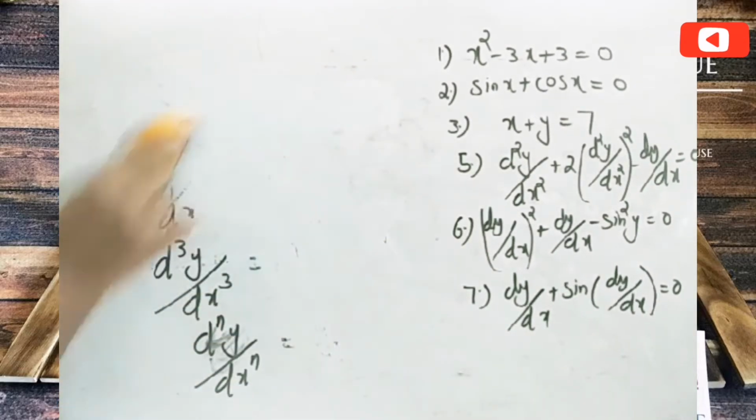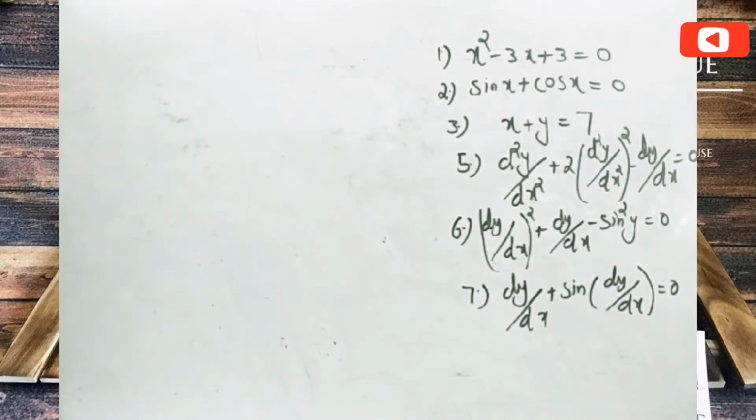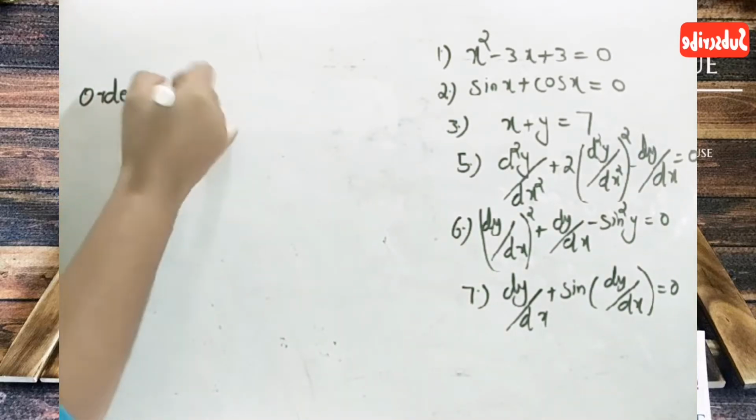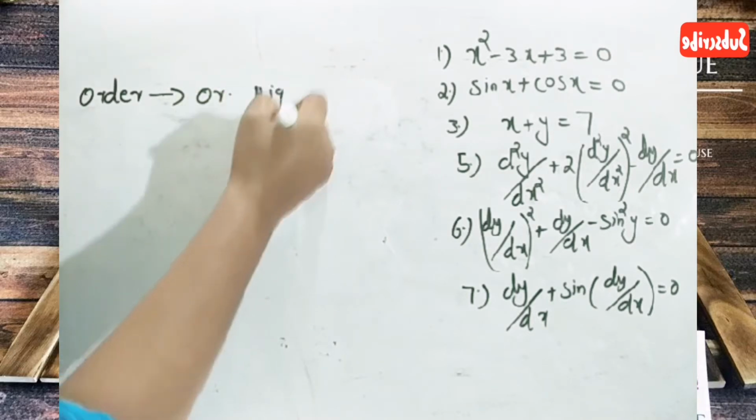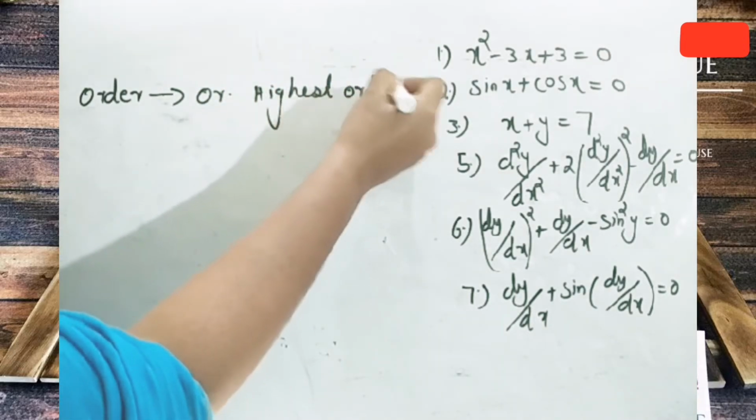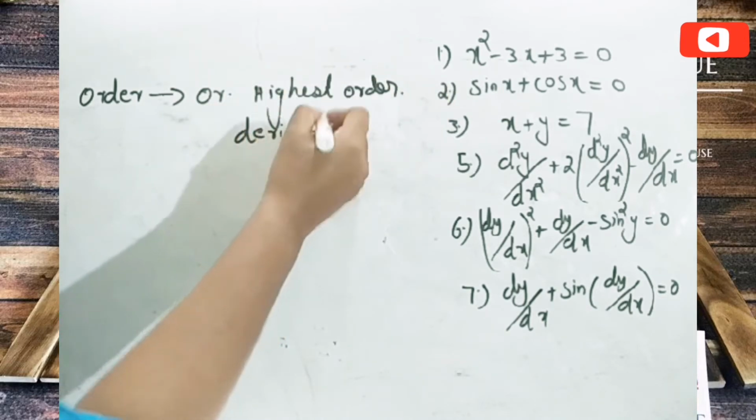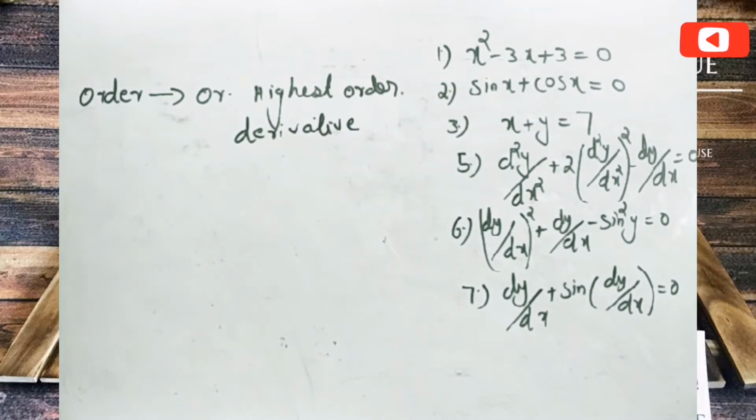The order of a differential equation is defined as the order of the highest order derivative of the dependent variable with respect to the independent variable involved in the given differential equation. So order means the order of the highest order derivative.